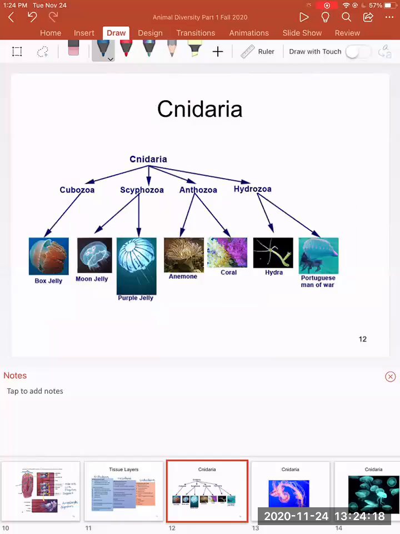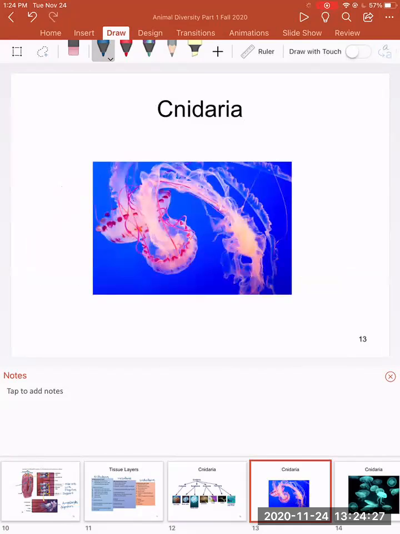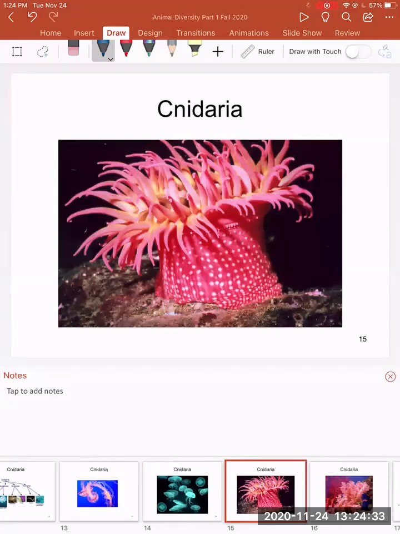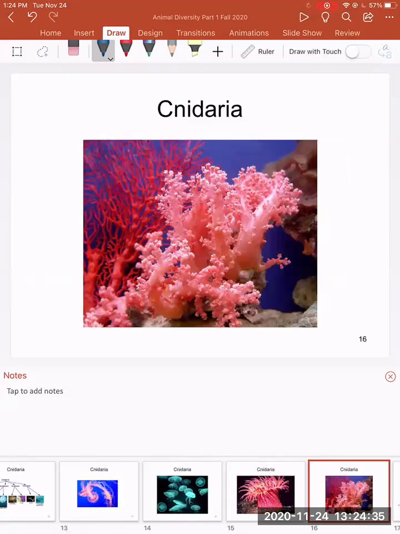Okay, this is who they include. The hydra are the freshwater. Everybody else is marine. So beautiful jellies, anemones, coral. So these are living organisms. These are the polyps.